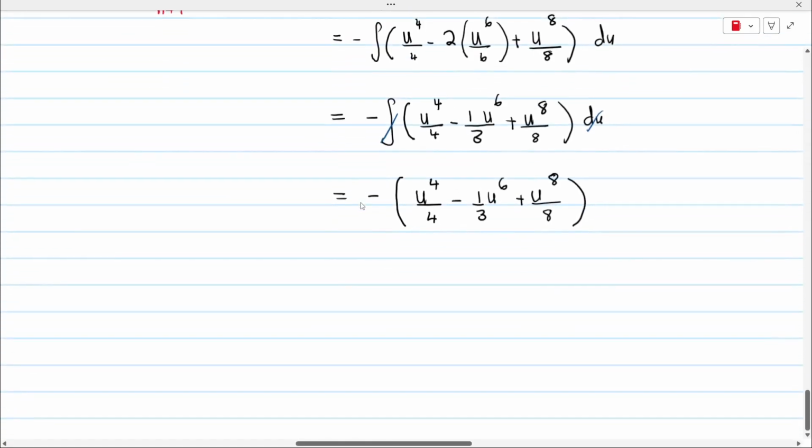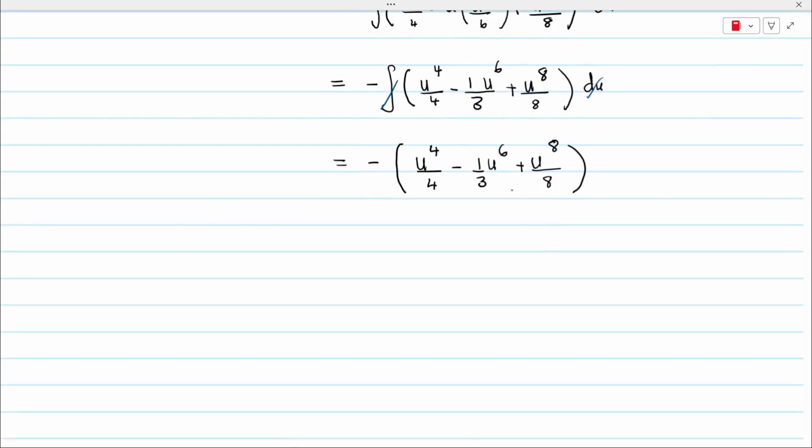So after I've integrated, I remember that I need to add my c, which is the constant of integration.